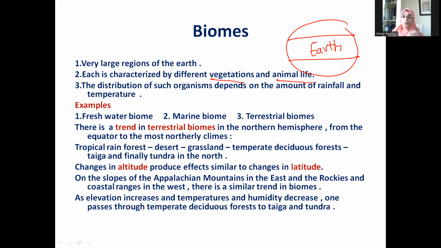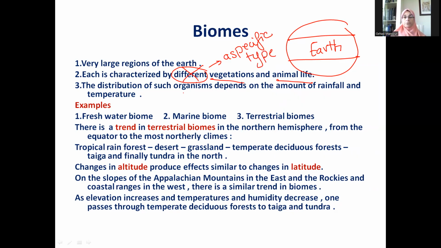So you will see that every biome will be characterized by a specific type of vegetation and animal life.